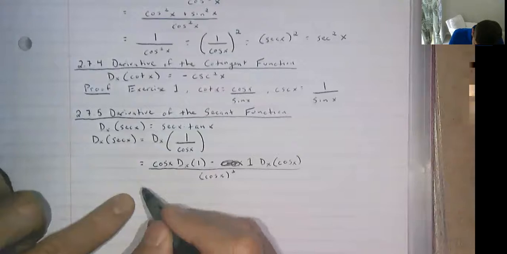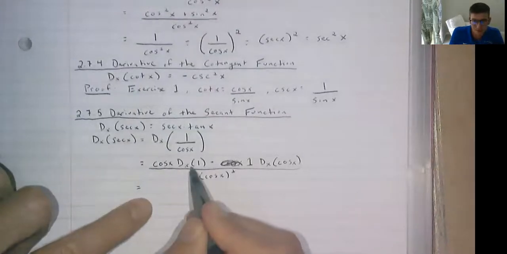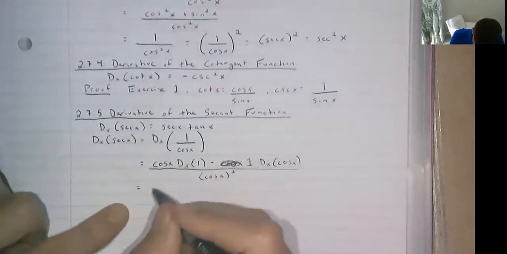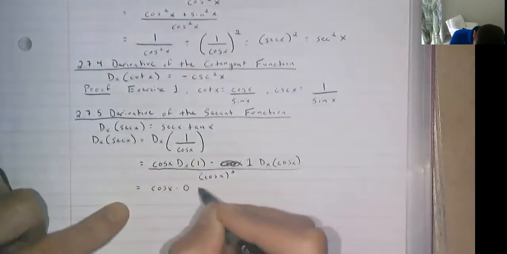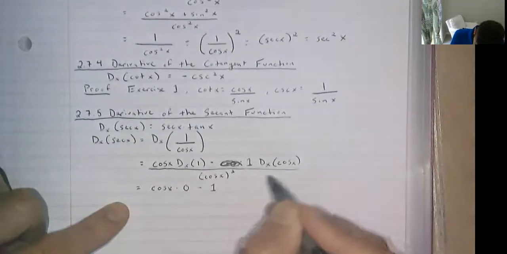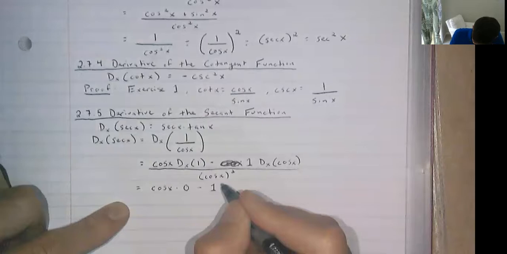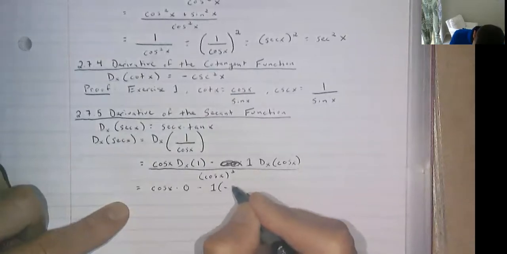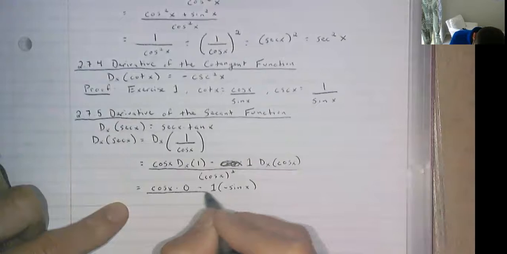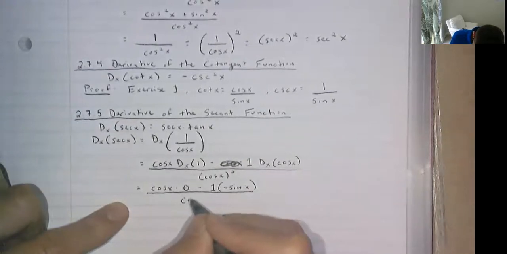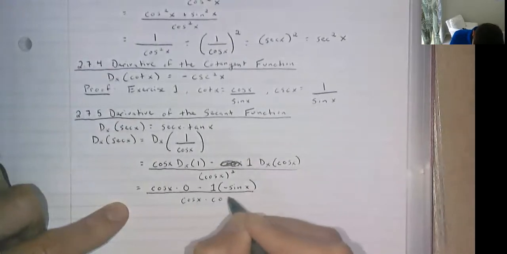Well, the derivative of 1 is 0, so that's not very interesting. Minus 1 times the derivative of cosine, which is the opposite of sine, divided by cosine of x times cosine of x.